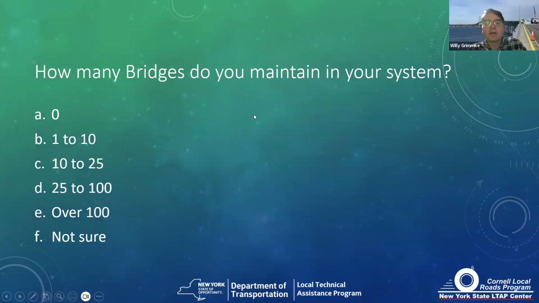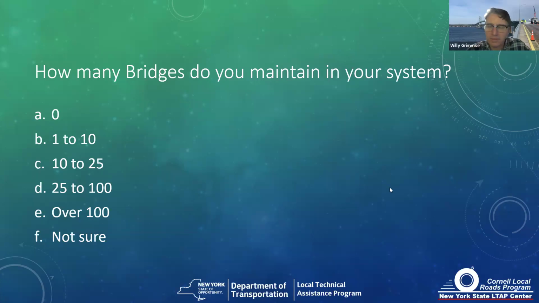If you are a bridge owner, how many are in your system? 0, a small municipality with 1 to 10, 10 to 25, 25 to 100, or if you're the state or several of the counties, over 100, or who knows? I don't know how many bridges I have. We've got some heavy hitters in the over 100, and some folks with smaller inventory.